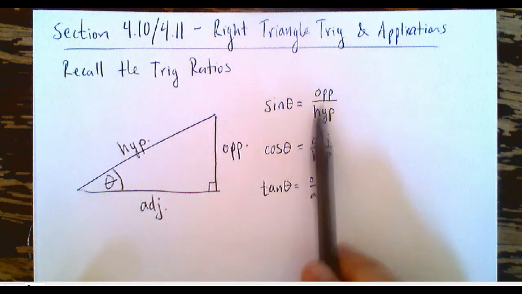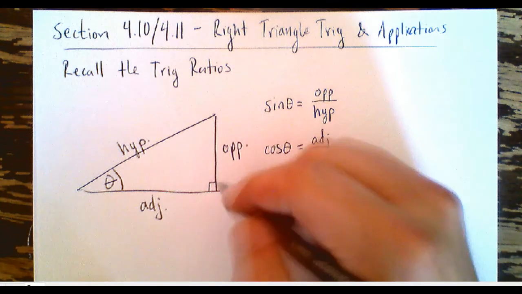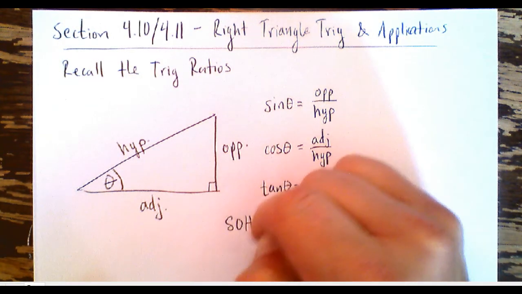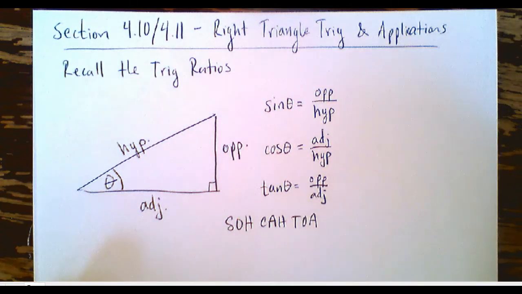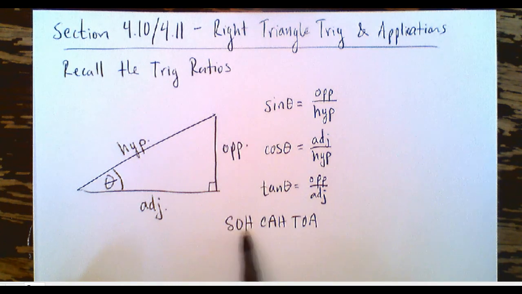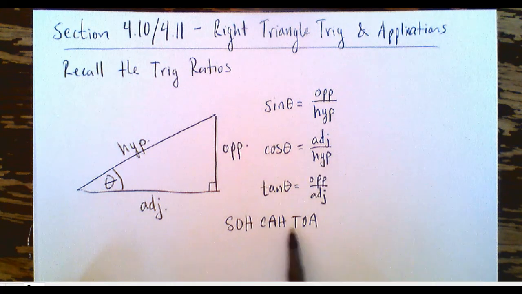Remember, we had a quick mnemonic to remember these. It's called SOHCAHTOA. This will help us to remember these ratios, right? So sine is equal to opposite over hypotenuse. Cosine of the angle is adjacent over hypotenuse. And tangent's opposite over adjacent.